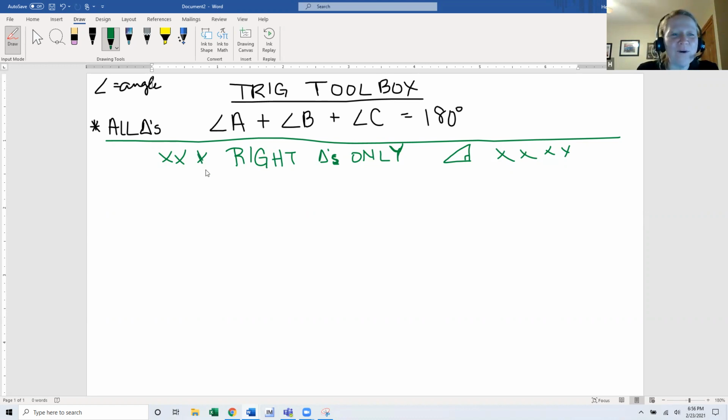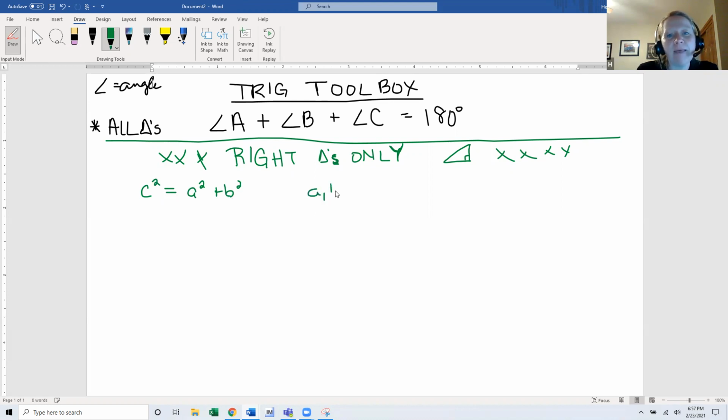Okay, so the first rule that goes in this section of our toolbox is one you've heard of before, I'm sure. It's c squared equals a squared plus b squared. And in this formula, notice that there's small letters.